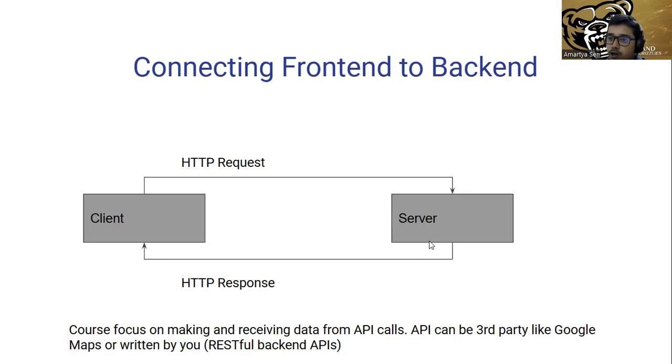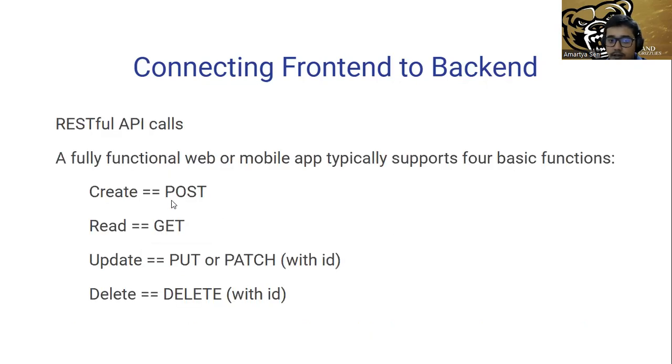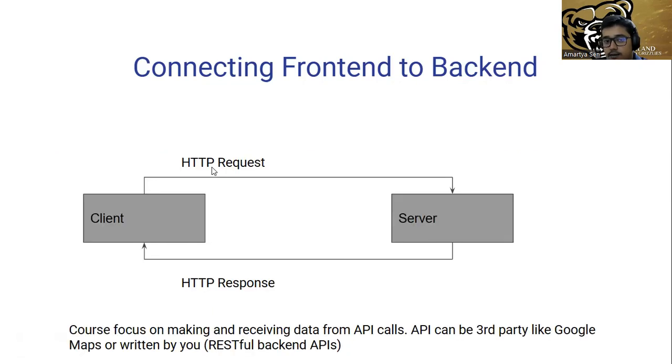Your job as a front-end developer is to have a basic understanding of how these HTTP requests and responses work, what the purpose of each of them is, and how to make an API call from your front-end UI. That connects this side, and the rest will be taken care of by whoever is responsible for the back-end development. It could be you, it could be somebody else, depending on how you want to specialize yourself.